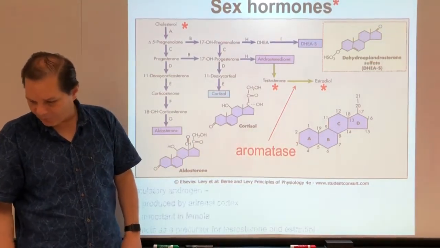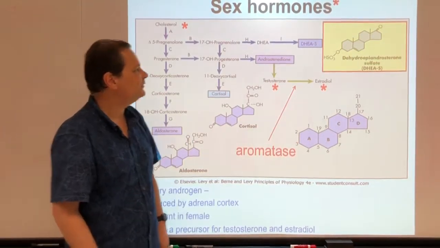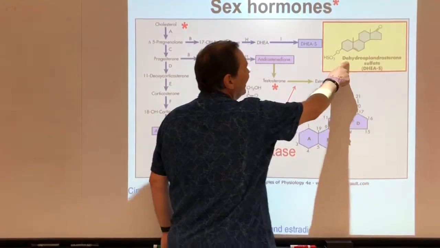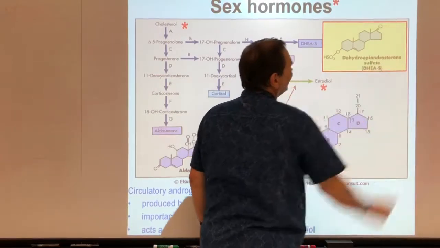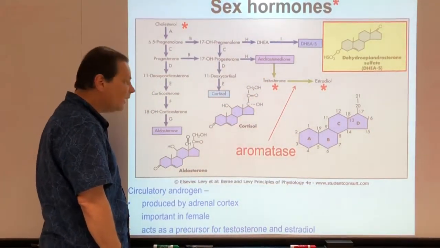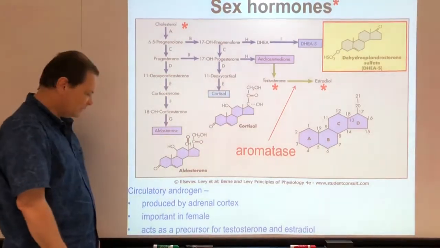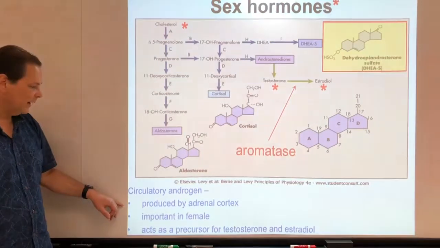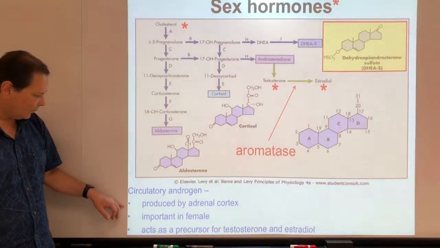Another thing on this slide, which you may note just briefly, is DHEA, dehydroepiandrosterone, quite a mouthful. This was mentioned on the last slide. It's produced by the adrenal cortex, so not the testes or the ovaries.